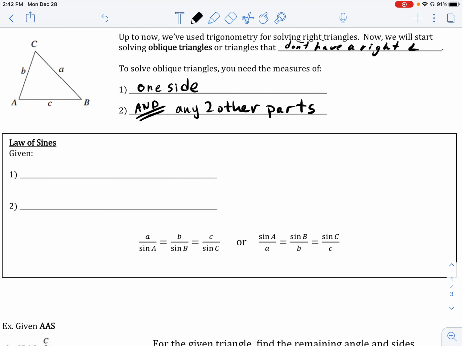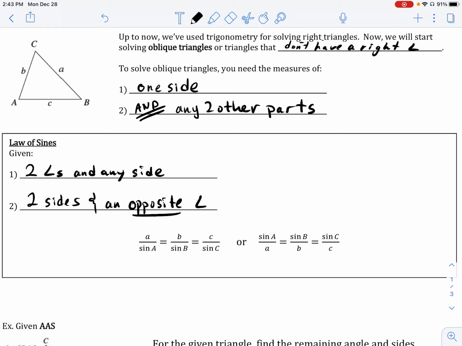The law of sines says, given two angles and any side, or if we're given two sides and an opposite angle, I'll underline the word opposite. Let me draw these out so we can see these two scenarios.